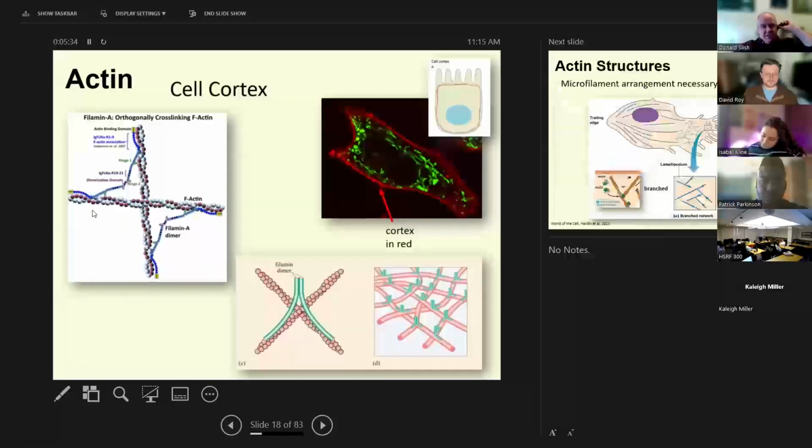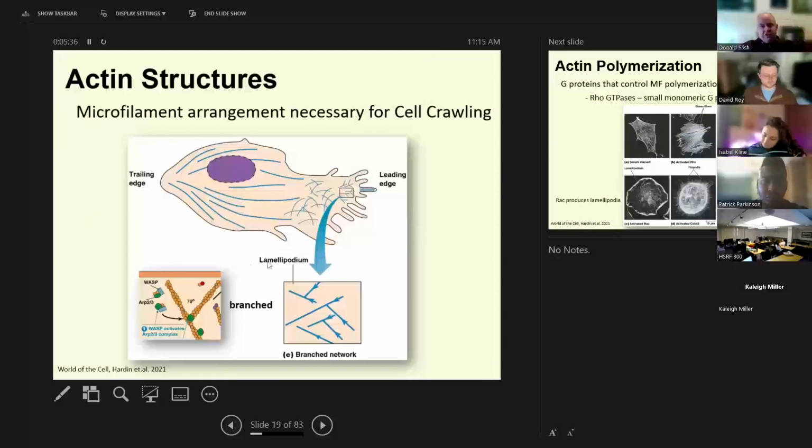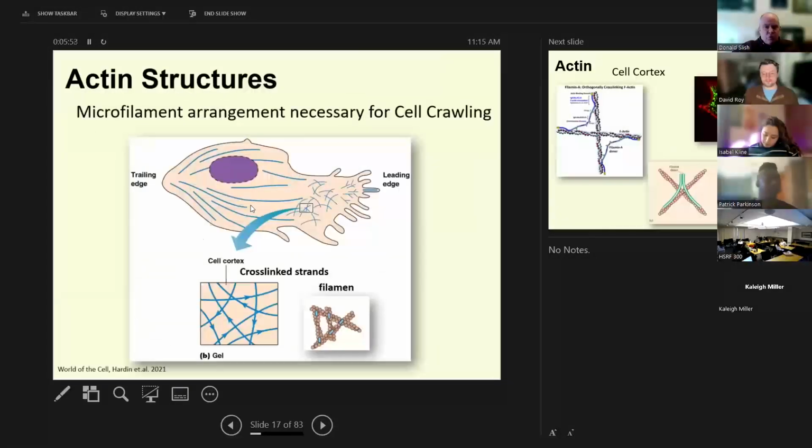The next thing necessary for cell crawling is your lamellipodium, which reaches out in order to start crawling in that direction. And you've got branched microfilaments in there. Now, another thing I just skipped over real quick are the cross-linked strands in the cortex of the cell.